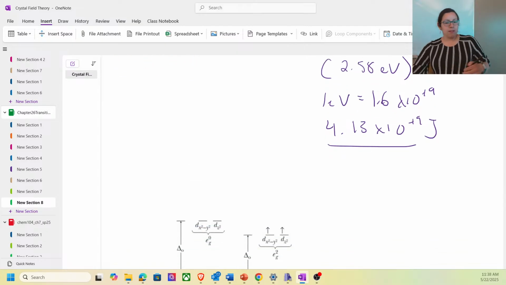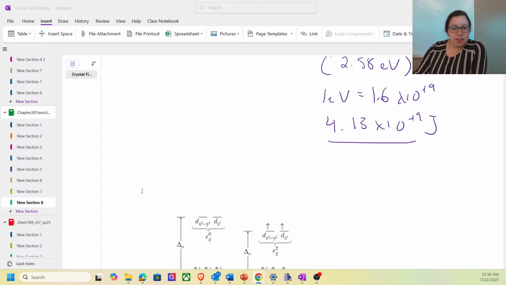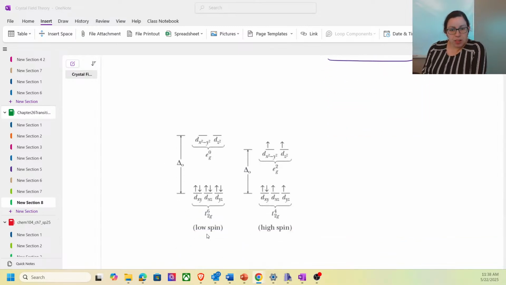And so then the next thing that you'll want to characterize, or one of the many things you would characterize with transition metal complexes, is whether it's considered low spin versus high spin. And so part of what dictates this is, of course, how large the splitting is.